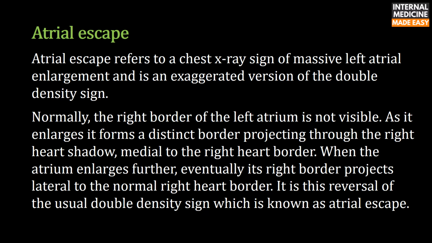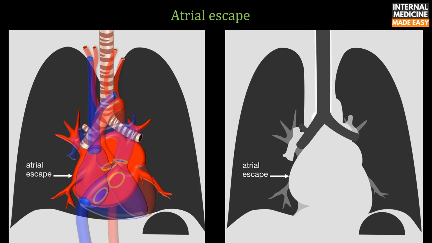When the atrium enlarges further, eventually its right border projects lateral to the normal right heart border. It is this reversal of the usual double density sign which is known as atrial escape. Atrial escape is shown in these images.